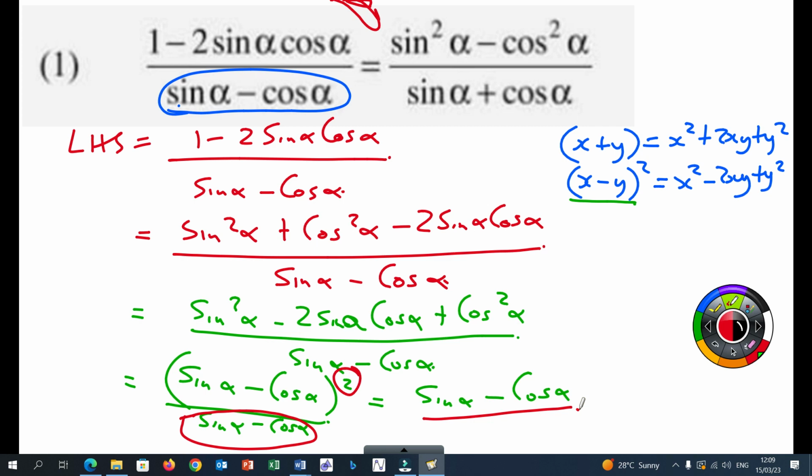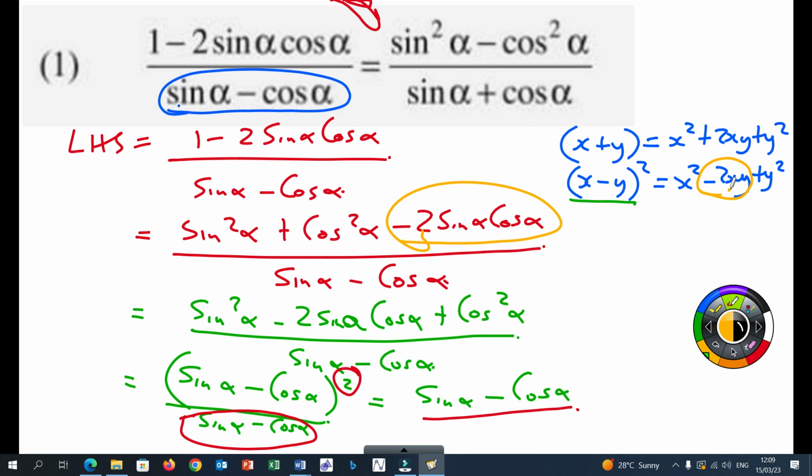So if I convert the 1 to sine squared alpha plus cos squared alpha, I'll create a perfect square trinomial. How do I know that? It's because of this term here, it gives me a clue that I can create a perfect square trinomial. You see it here. Which term? You see that?